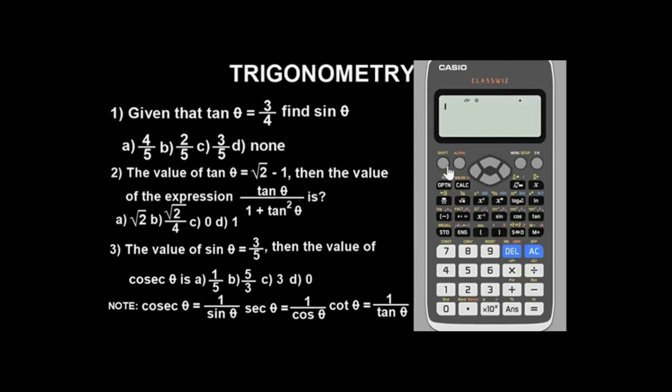Very important, guys. Let's press shift tan, inverse of tan of what? Root 2. This is root 2. Give space. You press the right key here and minus 1. Close the bracket, guys. Remember, you have to use tan inverse. If you don't use tan inverse, you have the wrong value.